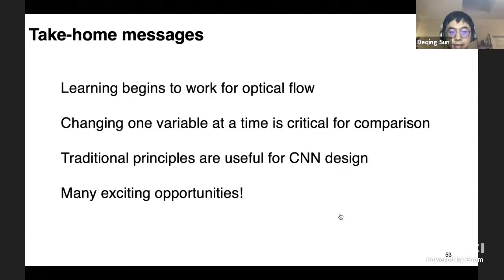And also we found the traditional principles are very useful to design the network, to build in some inductive bias to help the network learn. And I think there are many exciting opportunities along these lines of work.